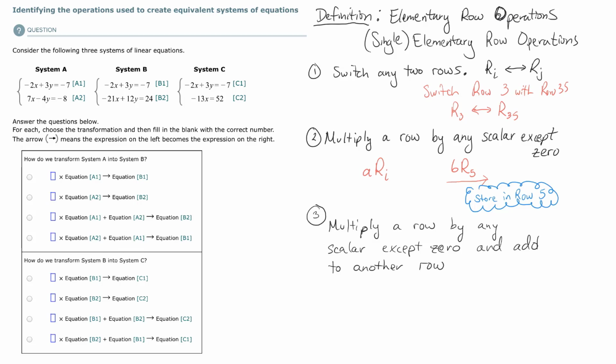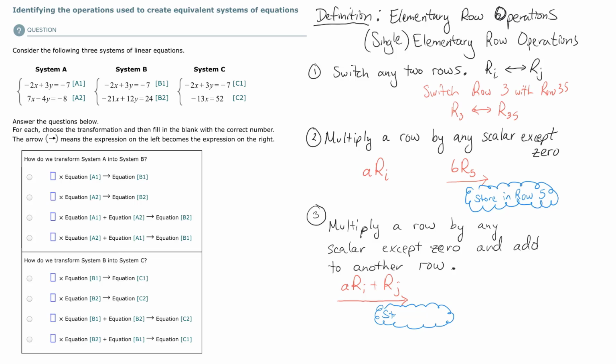This has nothing to do with elementary row operation number 2. Has nothing to do with it whatsoever. The symbolism for this would be a times R sub i plus R sub j. And I'm going to write an arrow from left to right. And that arrow also means we're also going to store in where?